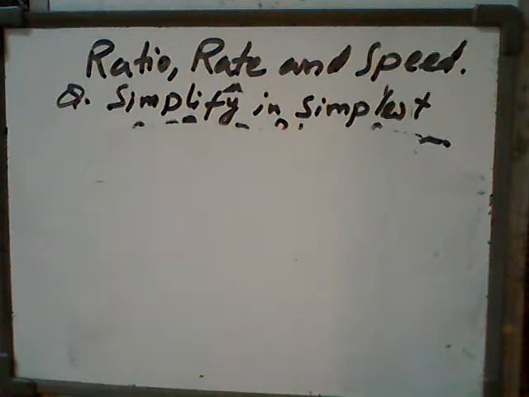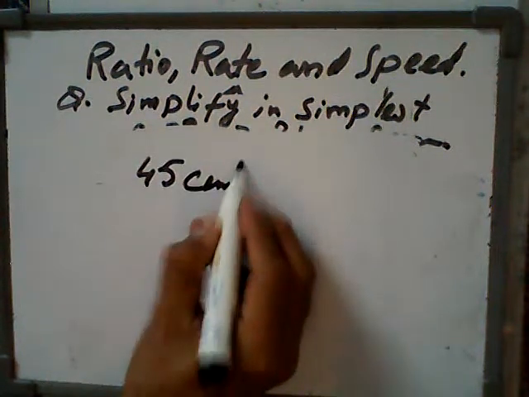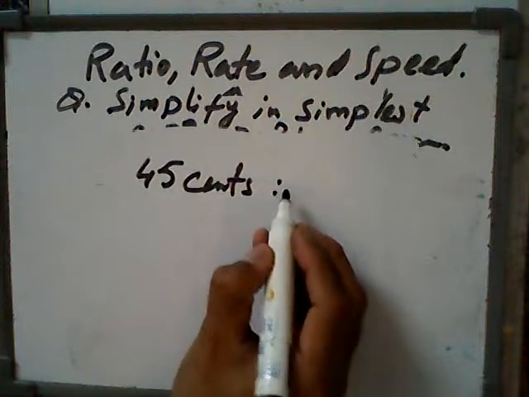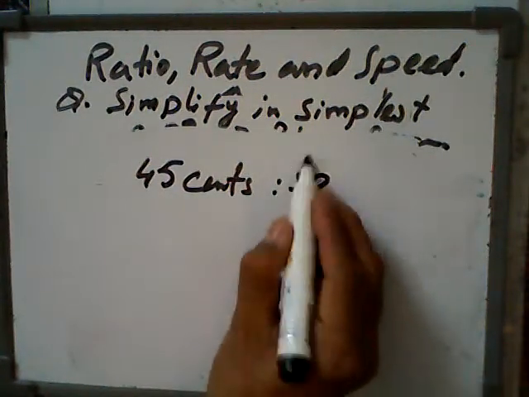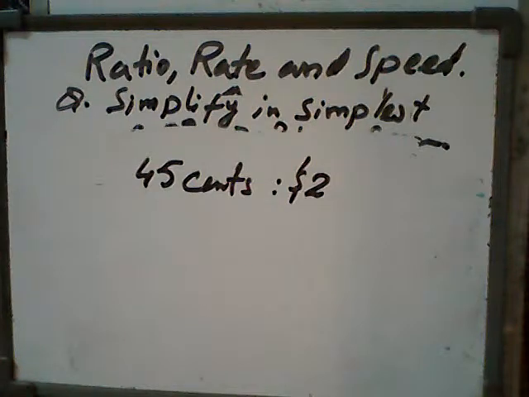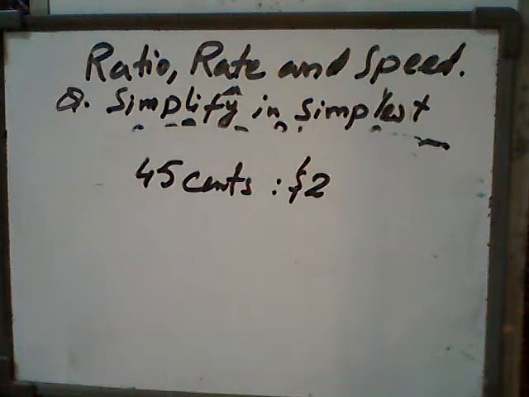For example, we have a number of 45 cents and $2. Here you can see that this is in cents and this is in dollars.